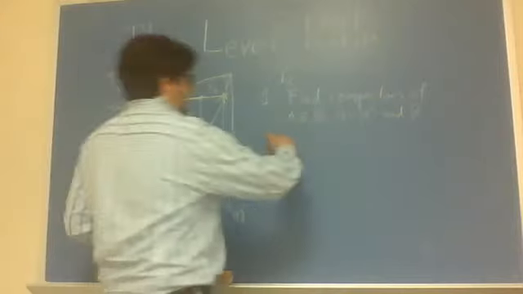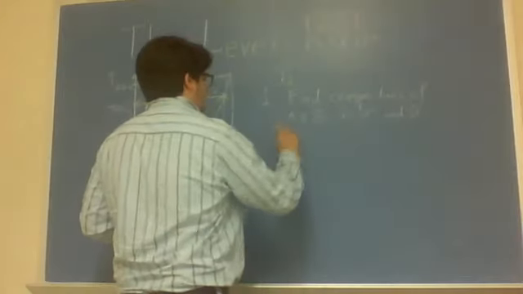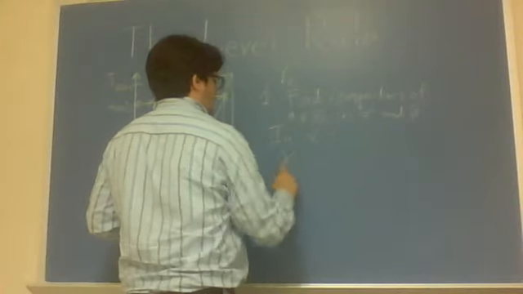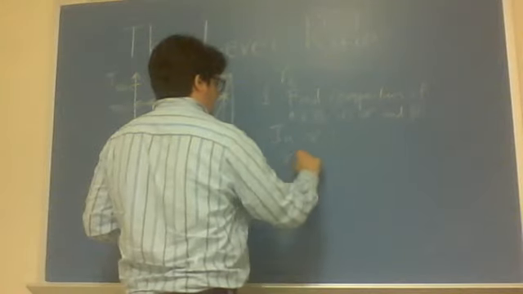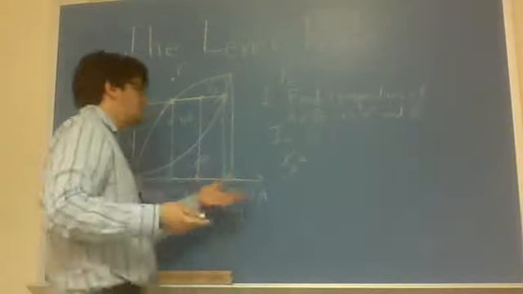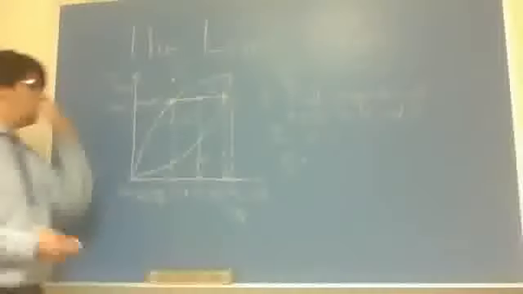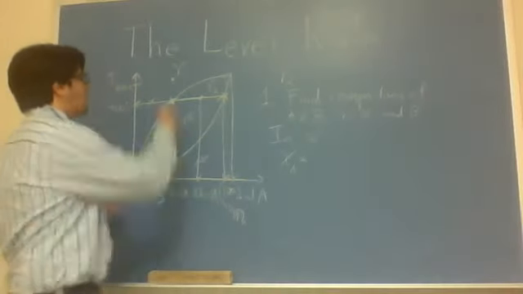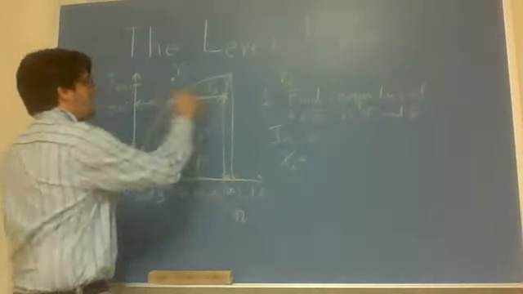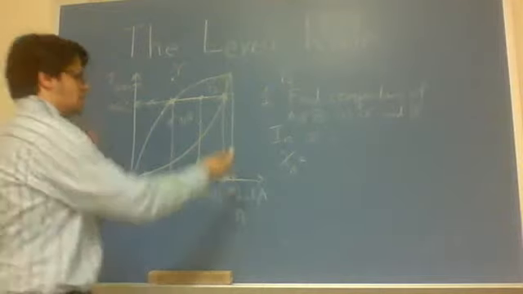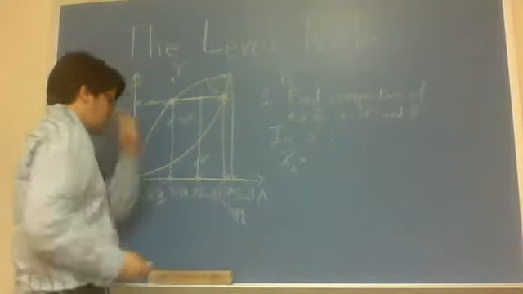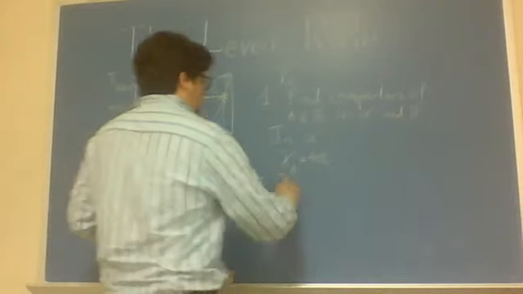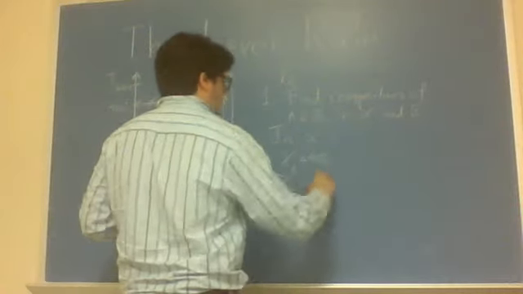So in alpha, the composition of A is actually the weight percentage of A, because now it's interchangeable, since A or B can lie in any region. So this would be 40%, and then chi B is 100 minus that, so 60%.